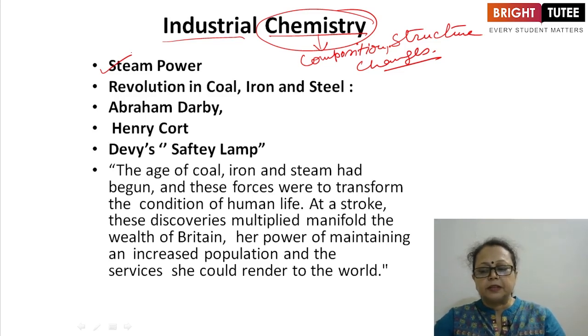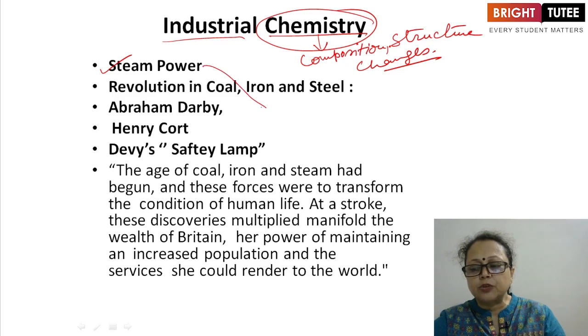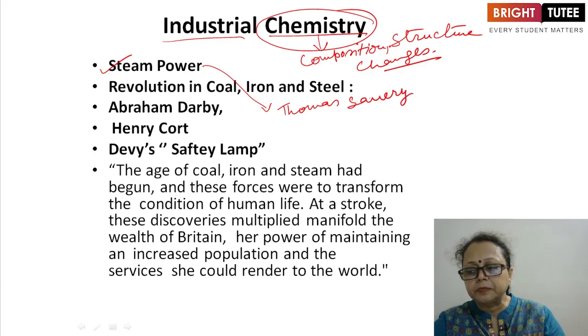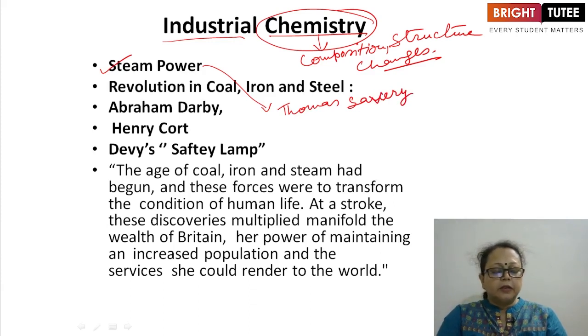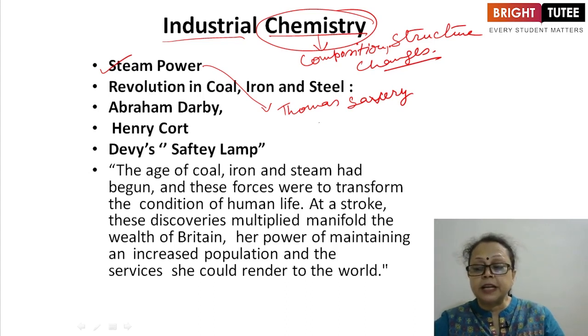Thomas Savery. Who is related to this? Thomas Savery invented a model of steam engine which was called the miner's friend. Miners here means the laborers and workers who are working in mines.